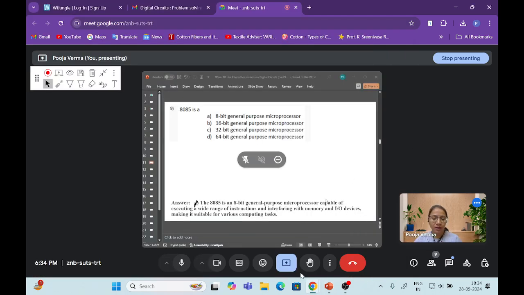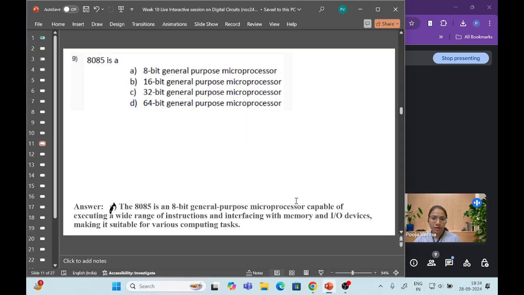So the 8085 is an 8-bit general purpose microprocessor that is capable of executing a wide range of instructions and interfacing with memory and input-output devices for various computing tasks.